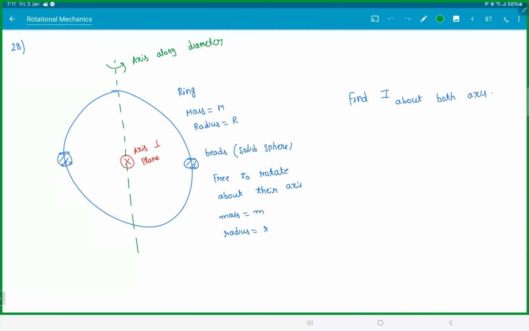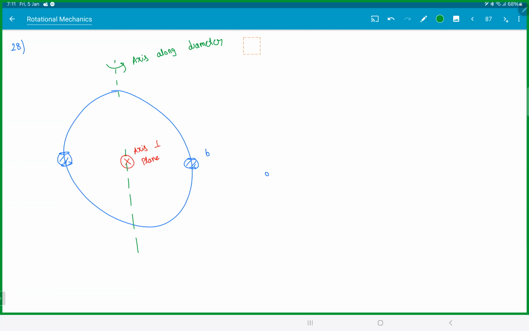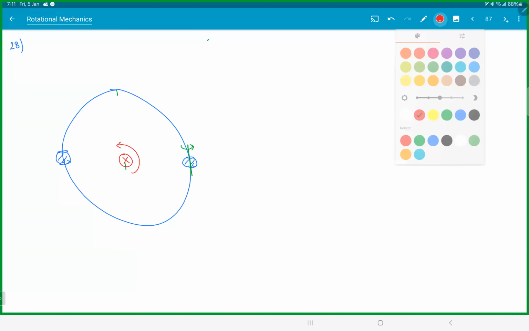The second one, this is our catch. The problem here is the beads can rotate only about this axis, but our axis of rotation is this way. So the moment of inertia will not be the same about both the axes.